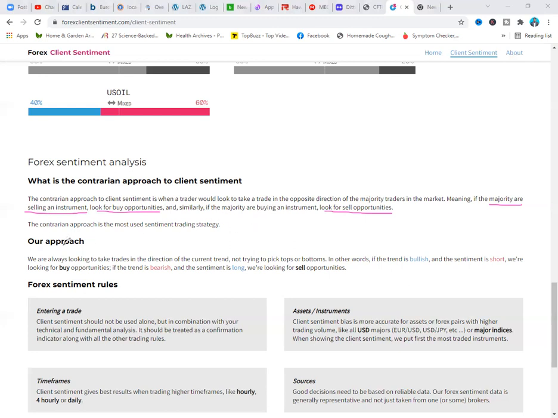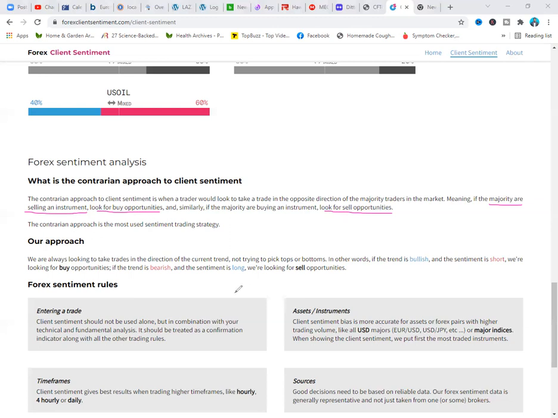Now, their approach, our approach, we always look to take trades in the direction of the current trend, not trying to pick tops or bottoms. In other words, if the trend is bullish and the sentiment is short, we are looking for buy opportunities. If the trend is bearish and the sentiment is long, we are looking for sell opportunities.